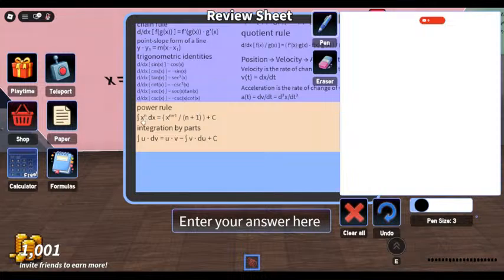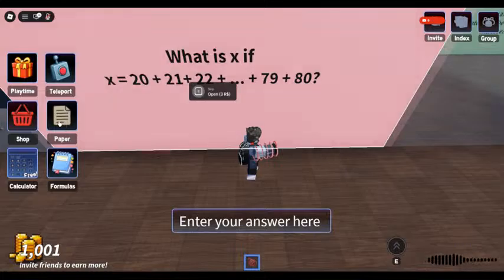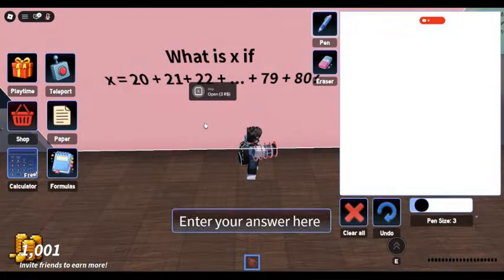Power rule: the integral of x to the n dx equals x raised to n plus 1 divided by n plus 1 plus c. How would I go for a power rule? 20 plus 80, you cannot do that now. 21 plus 79, still the same.